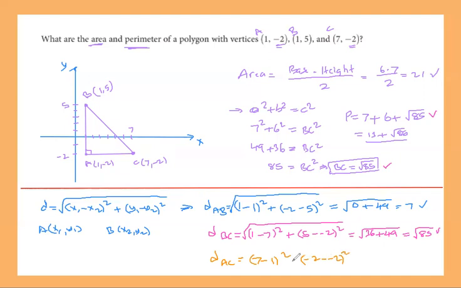And then that needs to be squared. And then there's an addition between these two perfect squares, right? So 7 minus 1 is 6. If you square, that's 36. And then negative 2 minus negative 2 will be negative 2 plus 2, which adds up to 0. 0 squared is just 0, right? And then that is just 6, which is what we had already as the answer, okay?